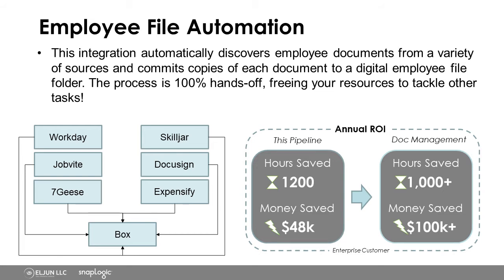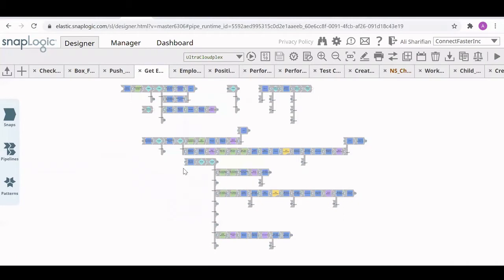Yeah, definitely. So here we have a pipeline that will retrieve employee information from Workday, which is the system of records for the employees and the driver of this integration. And I'm just going to execute this pipeline as I speak through it. So what's happening is this pipeline will create the folder structure for this employee within Box.